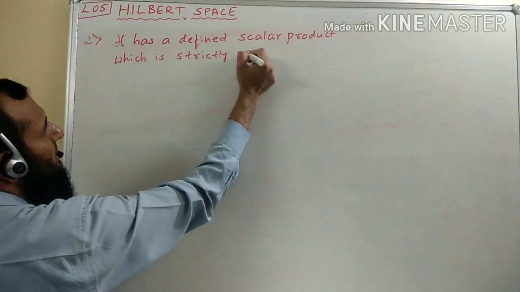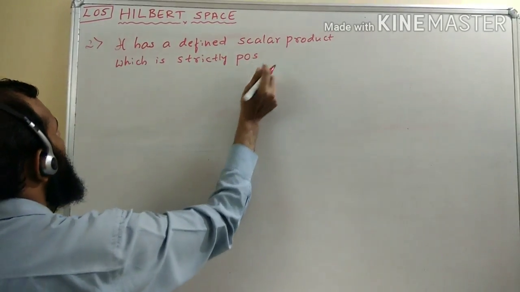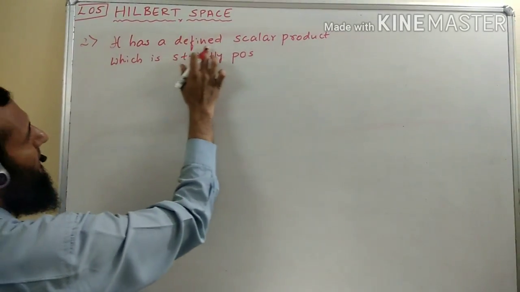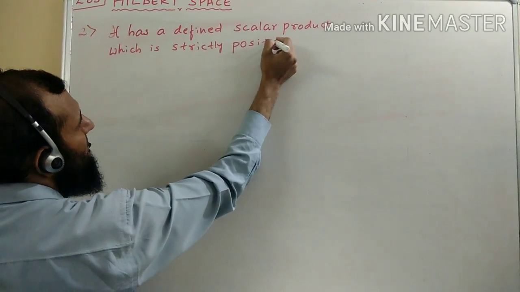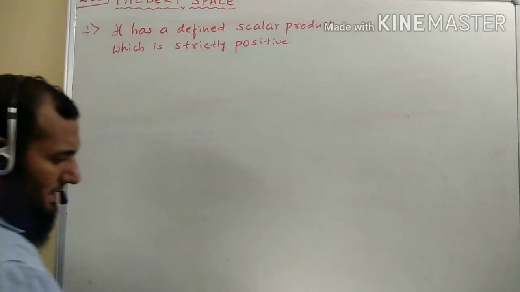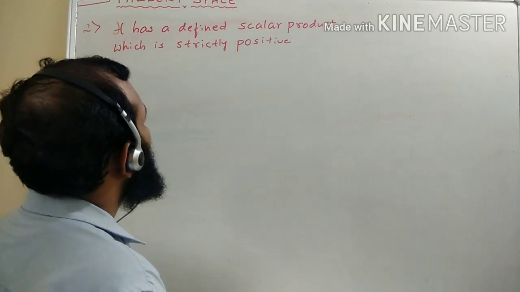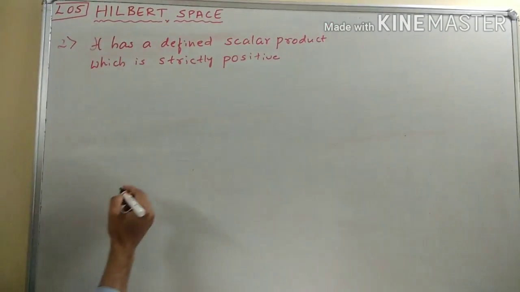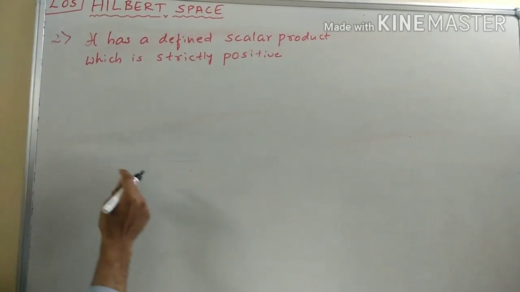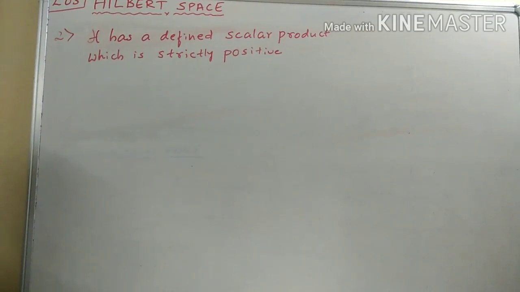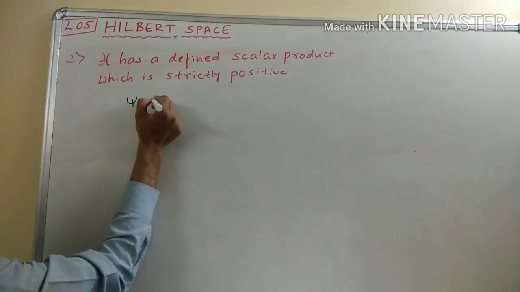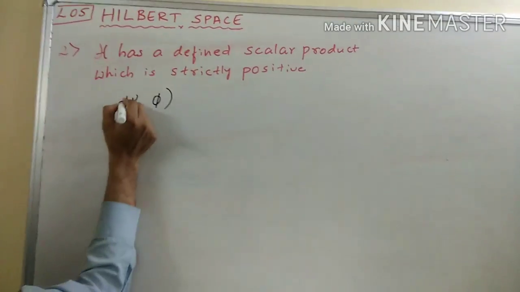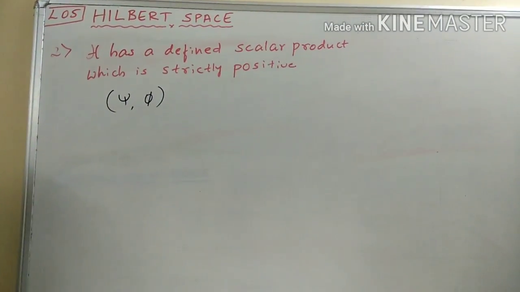So the next property in Hilbert space is, the Hilbert space has a defined scalar product which is strictly positive. So a scalar product is defined as follows: let us consider two elements from the Hilbert space, psi and phi, and if they are written like this, this is called a scalar product.